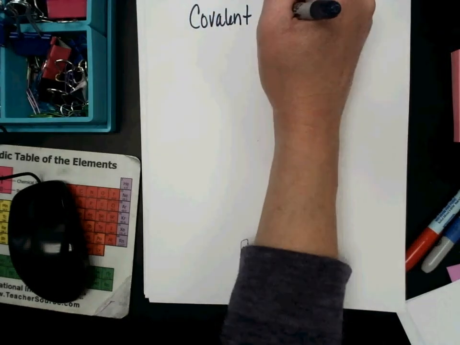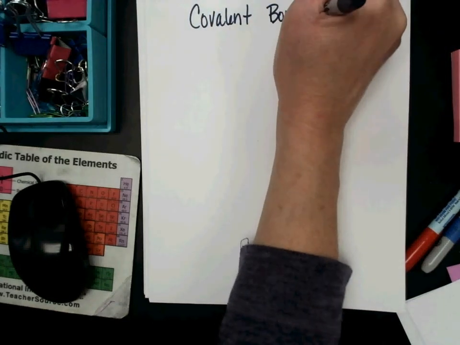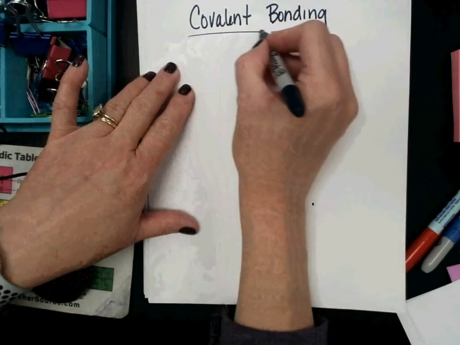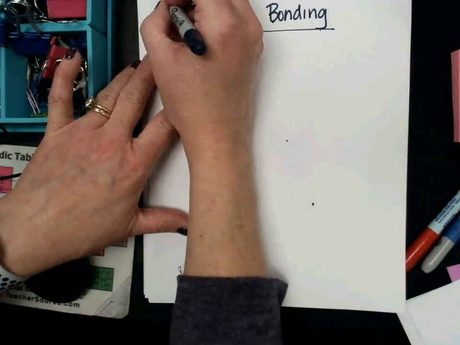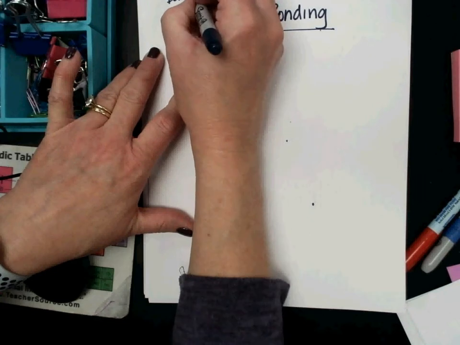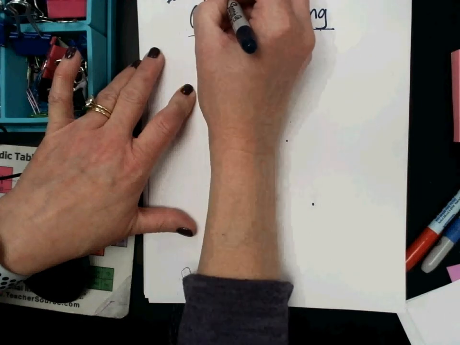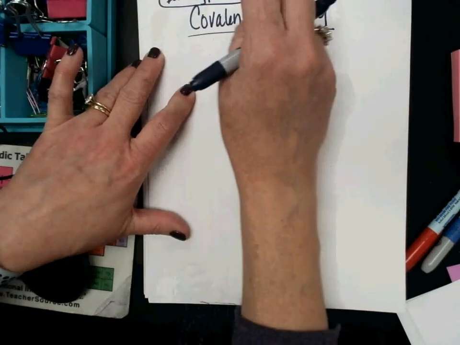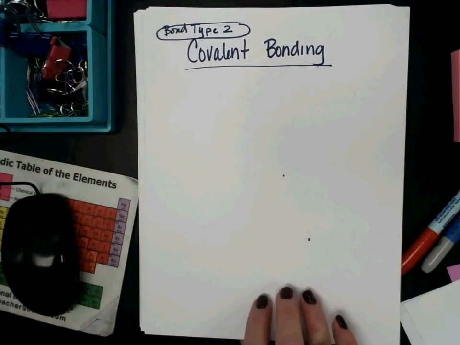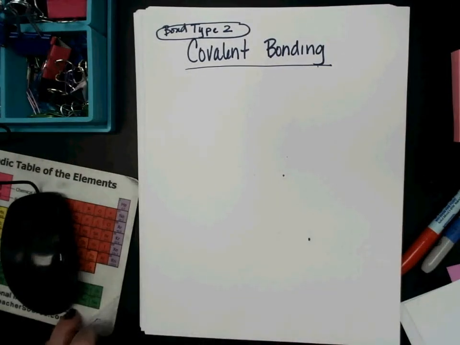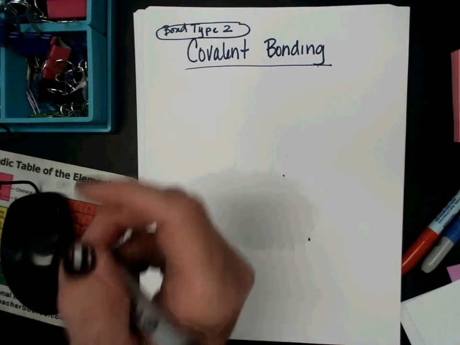So we know already the second bond type is covalent bonding. I call this bond type 2. So we're going to talk about covalent bonding, bond type 2.